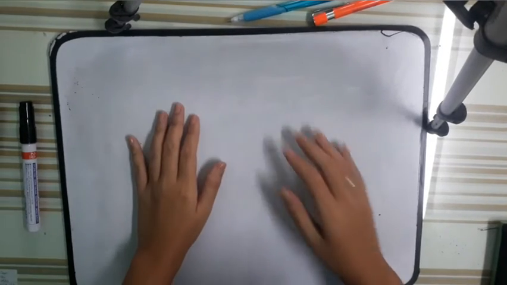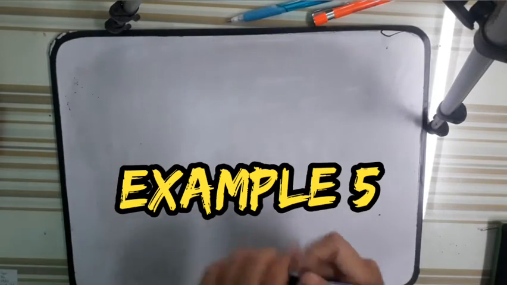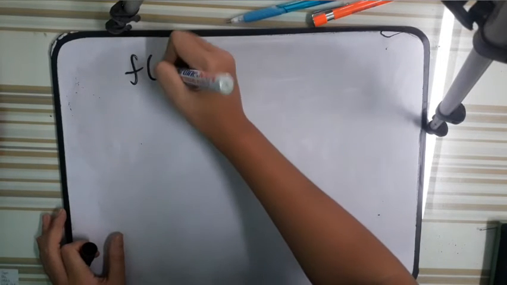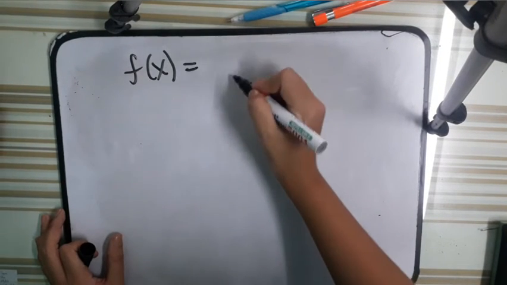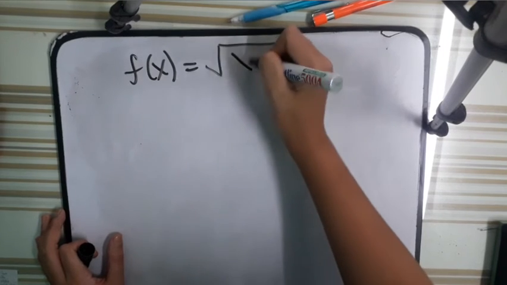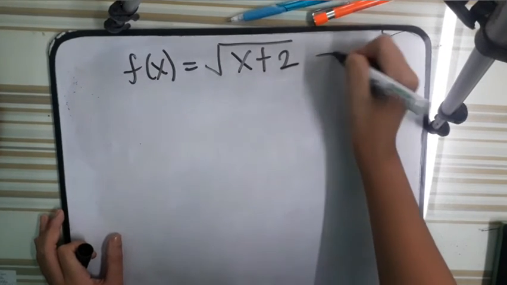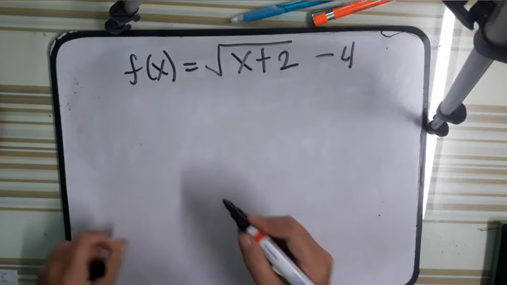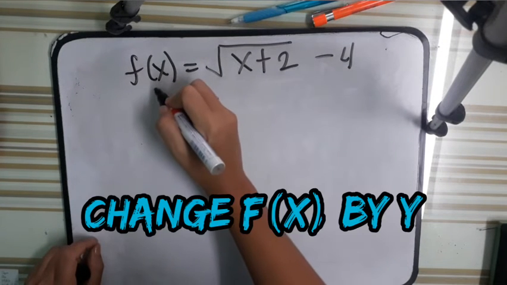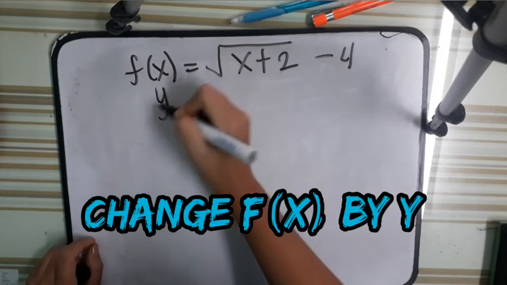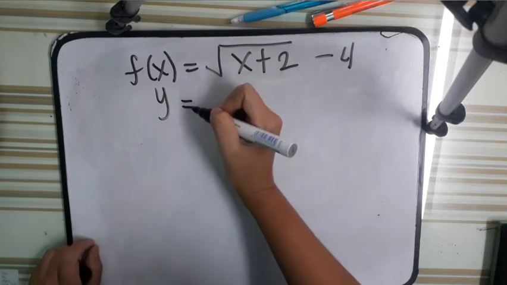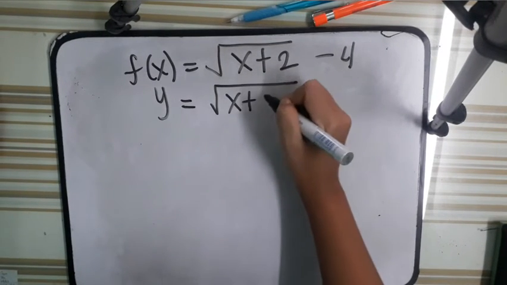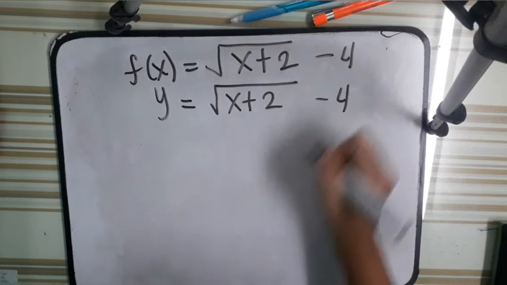For our last example, let's consider this function. F of x is equal to the square root of x plus 2 minus 4. Okay, change f of x into y. So this will become y is equal to the square root of x plus 2 minus 4.